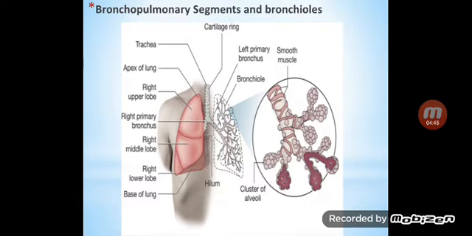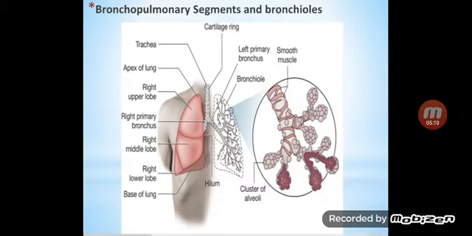Bronchioles are different from the bronchi. And how is that? Bronchioles are less than 1 millimeter in diameter. Not only the size, but their walls lack cartilage.